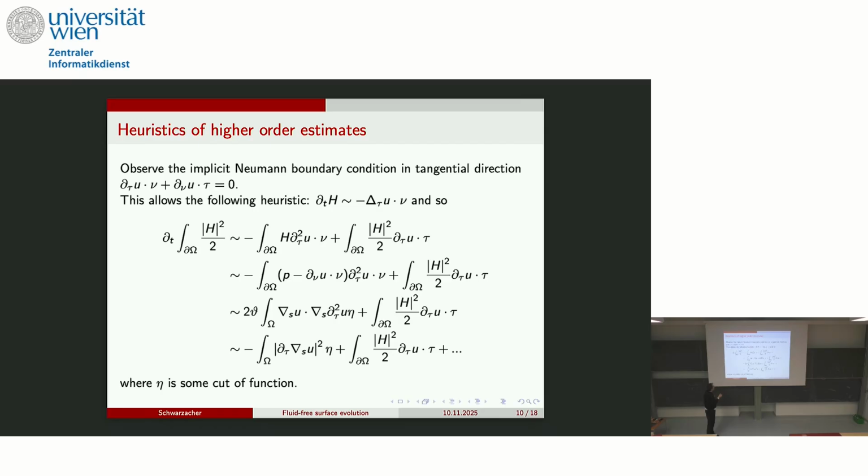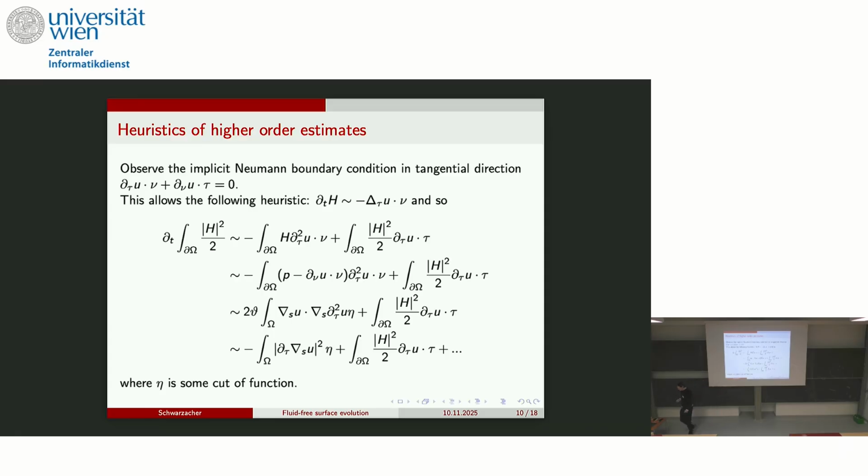And then here you use that H is equal to the forcing of the fluid, so this becomes a test function for the fluid equation. And then hopefully in the end you reach the viscosity, at least in the tangential direction of the velocity, with the right sign, plus error terms. So this is the heuristics for why there is a chance.